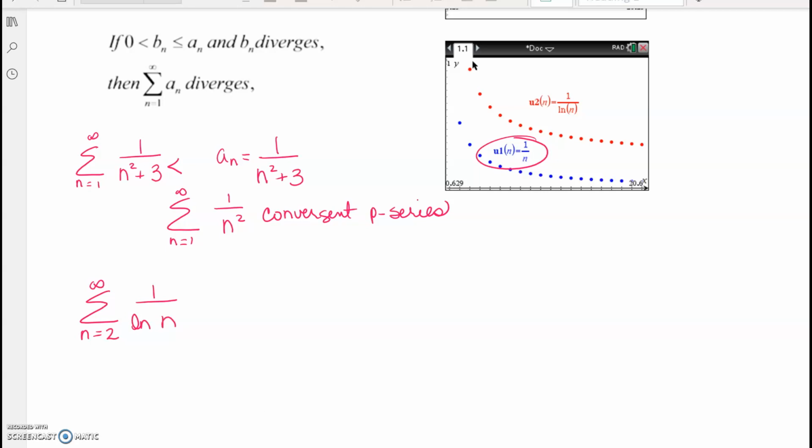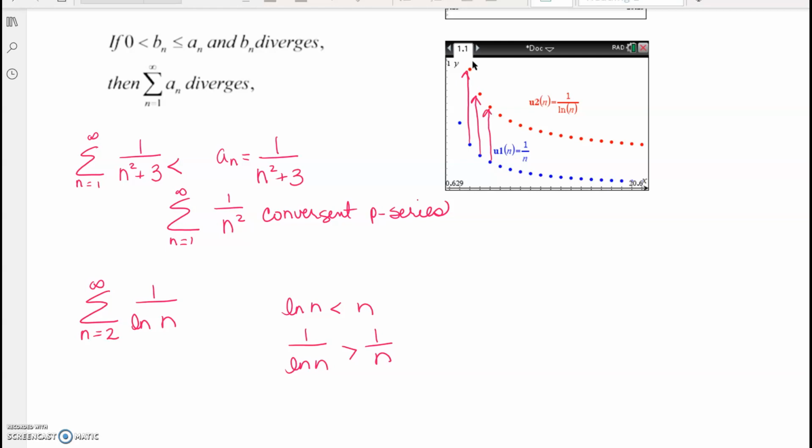Okay? So because ln n is less than n, then 1 over ln n is greater than, term for term, 1 over n. And again, you can see what's going on here. The red is above the blue.